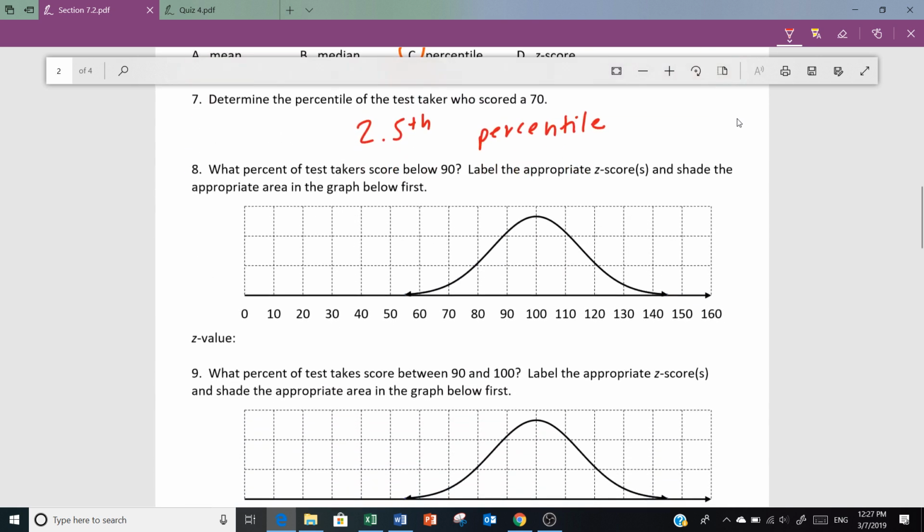Next, we want to find the percent of test takers who scored below a 90. We have to make sure we do something first, find the blank, and then enter something into Excel to find the percent of test takers that scored below a 90. If you want to write your answer in norm.s.dist, that's fine.